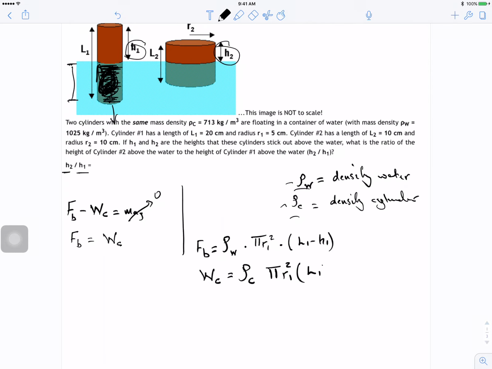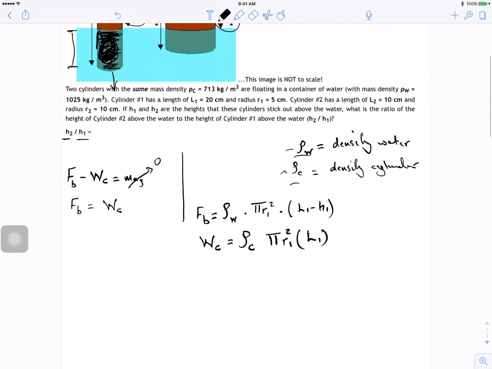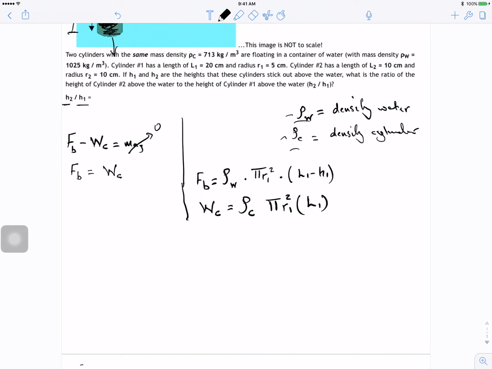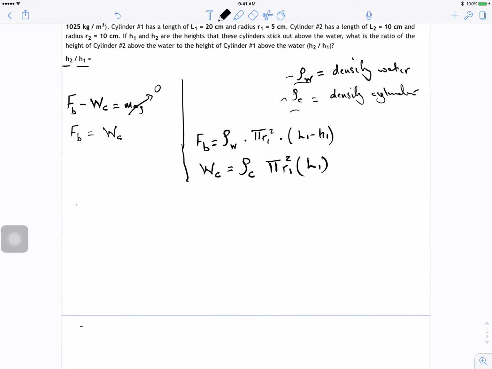So this is L1. Does that make sense? Alright, so now let's put these two equal to each other. So we get PW, density of the water, pi r1 squared, L1 minus H1, equal to density of cylinder, PC, pi r1 squared, L1.